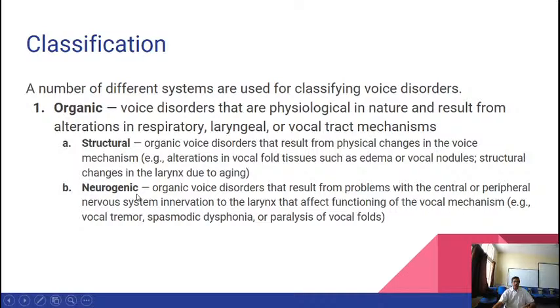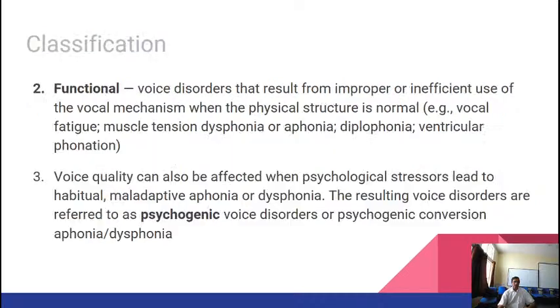Then you have the neurogenic, where there is nerve weakness or neuromuscular problems, such as spasmodic dysphonia and paralysis of the vocal cords, which interfere with the basic production of the voice.